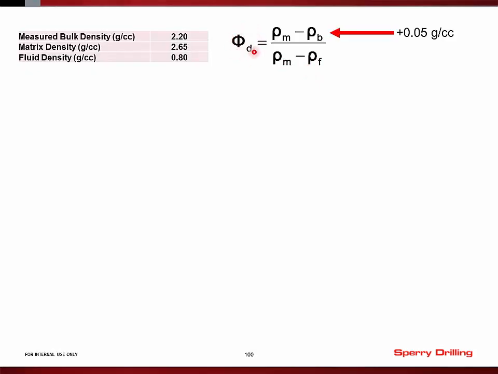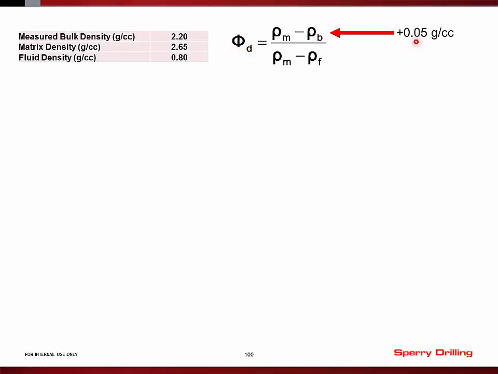You can calculate porosity using this equation where rho m is the matrix density of the formation, rho b is the bulk density, which is the actual measurement that we're making with the tool, and rho f is the fluid density of the fluid in the formation. So using this equation, we measure rho b, we can get a value for porosity.